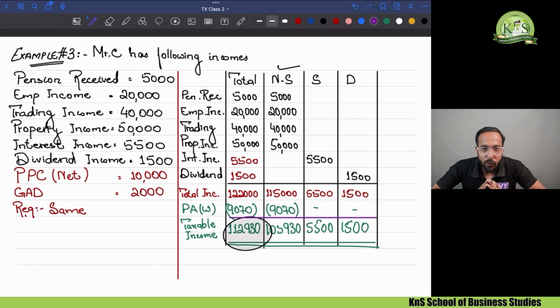Now we have calculated total taxable income, that is 1,12,930, as my status of the taxpayer has to be checked now. Why am I saying that? Fortunately, you know your taxpayer status, as your income is falling in the second band, so you are a higher rate taxpayer. But here is the concept of PPC.